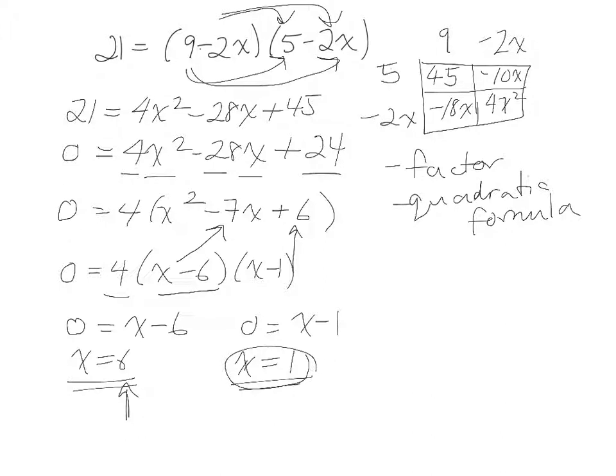You should go back and check to make sure that this makes sense within the question, where the inner rectangle has sides of 9 minus 2x, so 9 minus 2x, and the width has 5, sides 5 minus 2x.